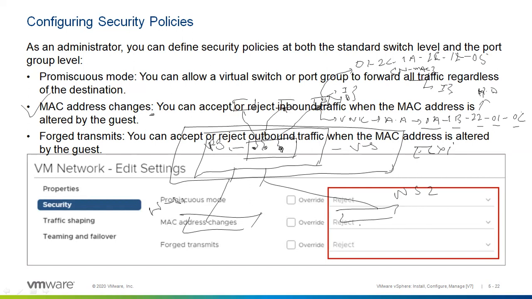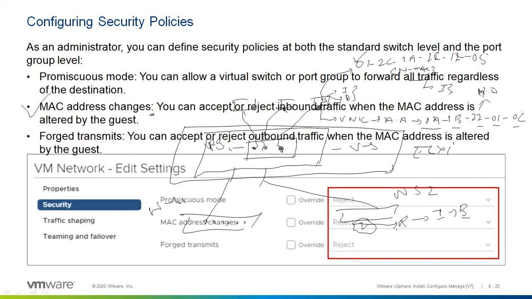If this option is reject and you made a change in this MAC address, then your incoming traffic will be blocked, because your virtual switch will not accept the changed MAC address and it will not update the neighbor switches that some MAC change happened inside it.